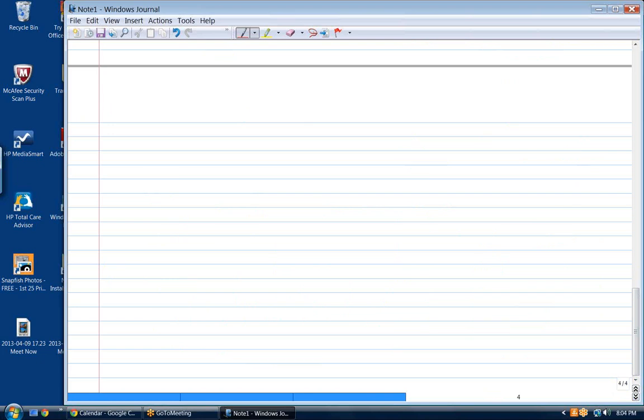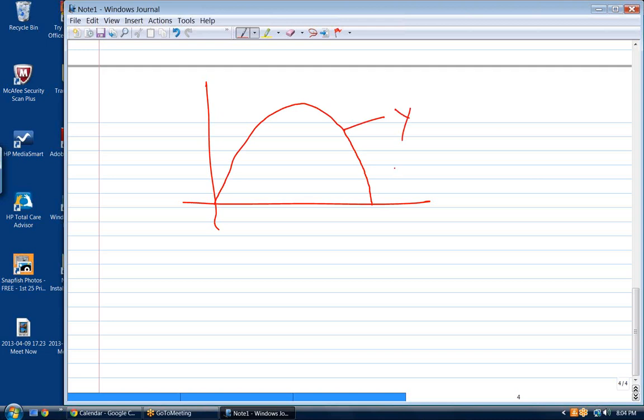Let's do number 16. This curve, which looked like sine x, is actually sine x times cosine x.